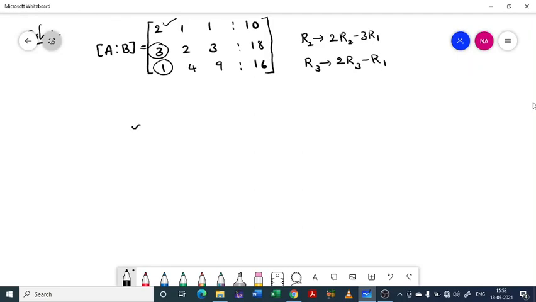Okay, this will be then equivalent to first row no change, 2 1 1 colon 10. Okay, these two will be 0 0, and here 2 into 2 is 4, 4 minus 3 it is, right? 3 into 1. So 4 minus 3 you get 1, 3 into 2 is 6, minus 3 you get 3 again.